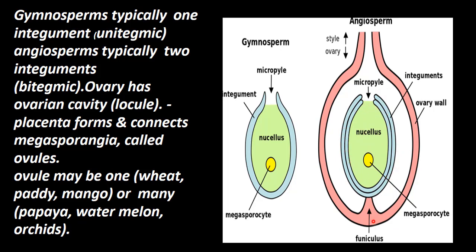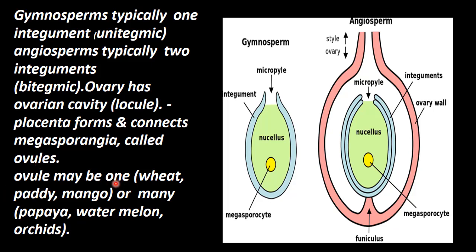This ovule develops from the placenta and gets attached to the ovary. Okay. Ovary has the ovarian cavity, that is the locule that we have seen. Placenta forms and connects the megasporangia. This is the megasporangia. That is called the ovule.